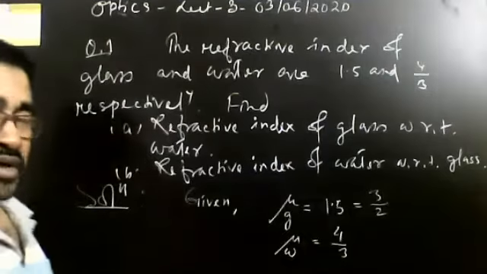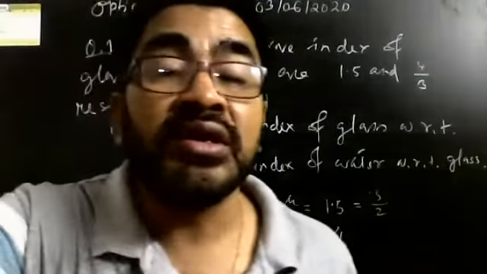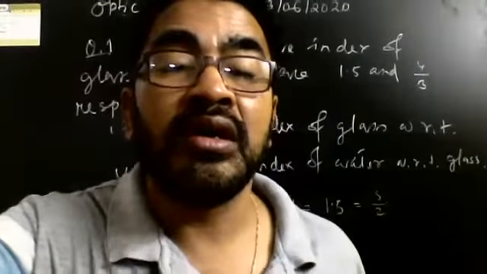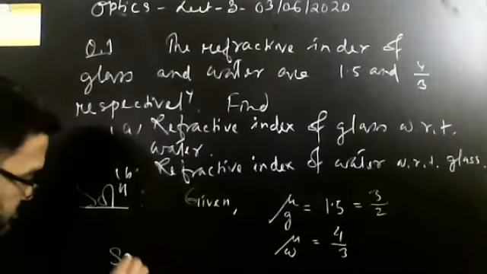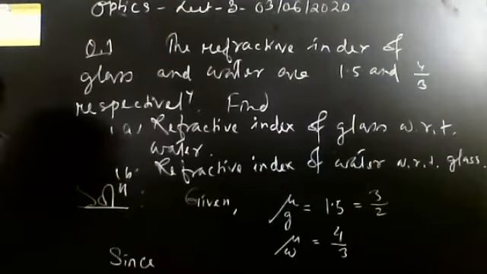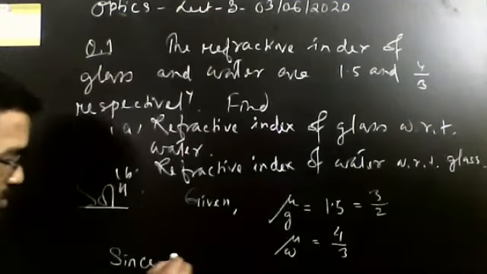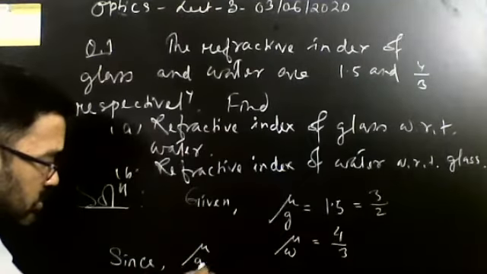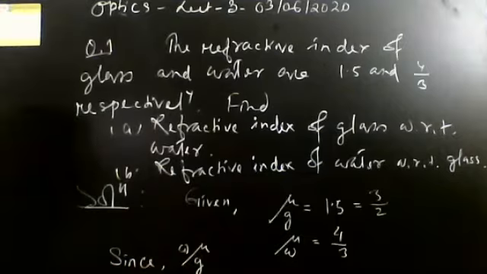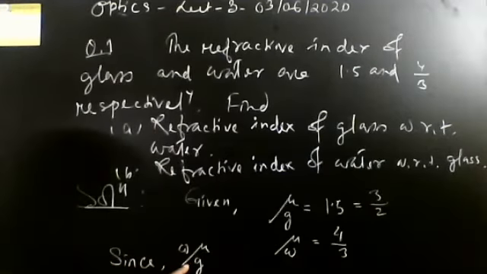Now you have to use the formula. Remember this formula, mu g w. What does it mean? Refractive index of glass with respect to water.